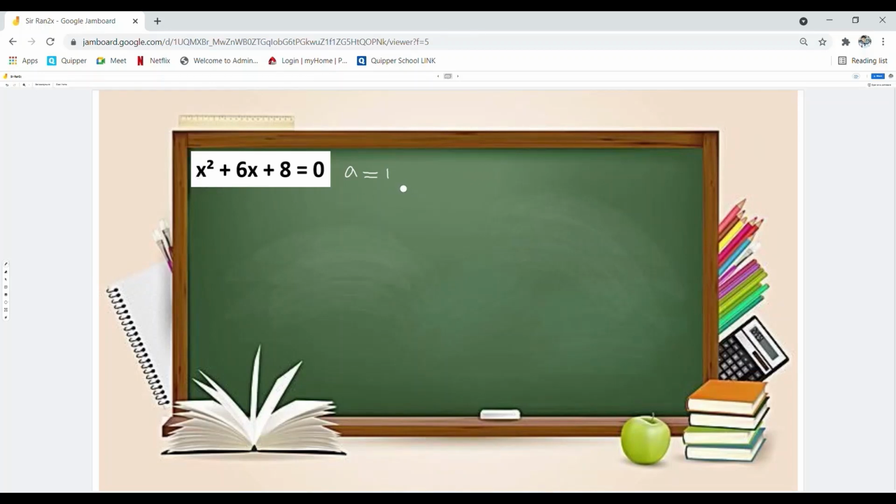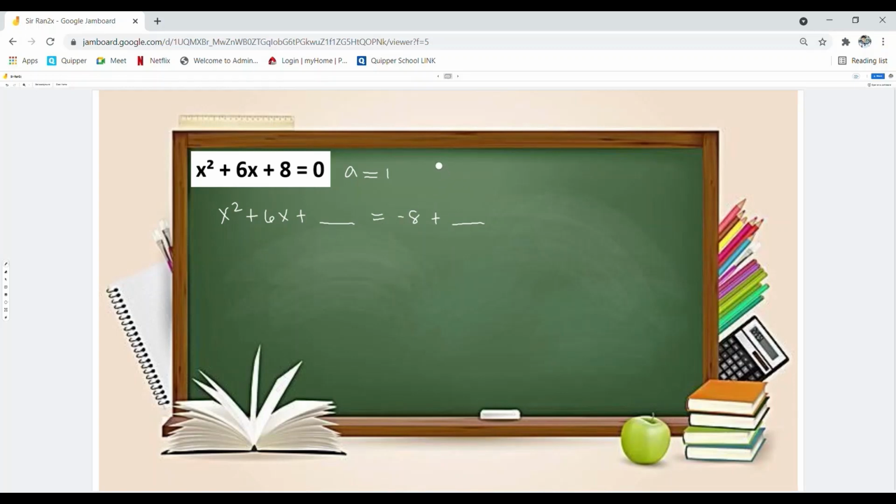So you just go directly to the method, which is first you transpose positive 8 to the right side, leaving a blank in the third term like this one. So it will become x squared plus 6x plus a blank equals, when we transpose positive 8, it will become negative 8, then plus the blank. The blank is the same here, to conserve it.